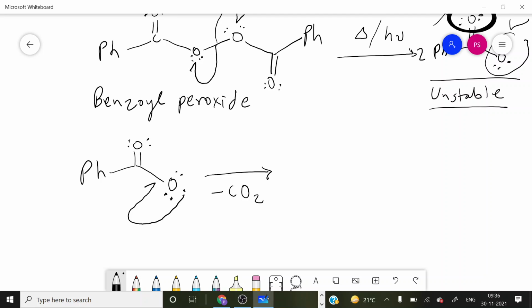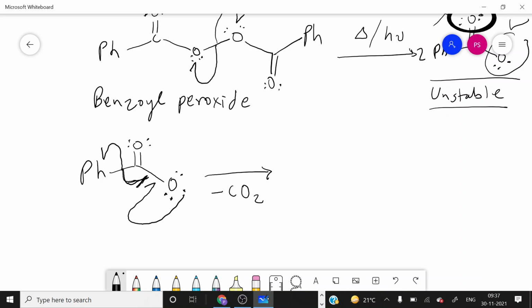The second electron comes from the carbon-carbon bond, the carbon of this carbonyl and the carbon of phenyl. So one electron from this bond shifts here and one electron shifts on the phenyl ring.